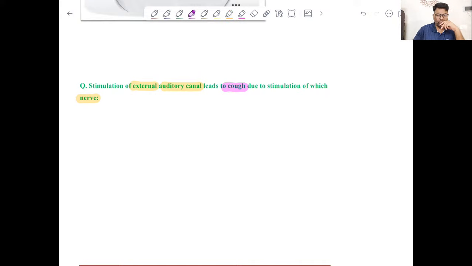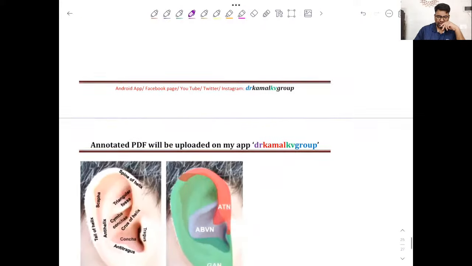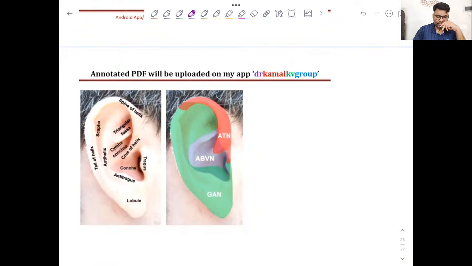This is because of one nerve which carries the sensory innervation from the external auditory canal area, and this is actually the auricular branch of the vagus nerve, right? This is the territory of the auricular branch of the vagus nerve. If there is any irritation here, that might lead to coughing.